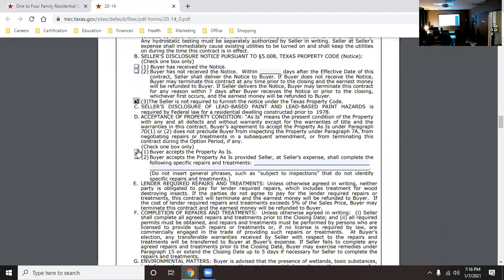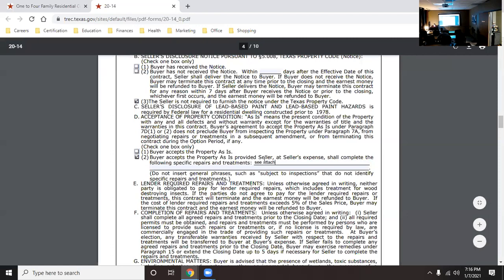No. Why do you not do that, sir? Why would you not submit an offer to another agent with 2 pages worth of repairs? They'll just go to the next one. I won't even worry about that stuff. So if you want to scare off or lose the opportunity for your client to get their contract accepted, then you go over here and you check box 2 and you say, see attached repair request.